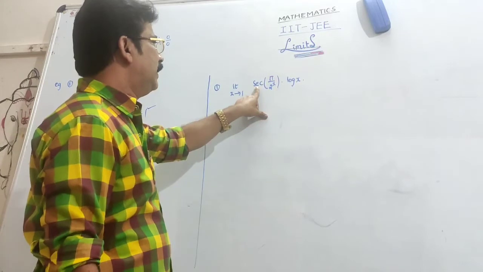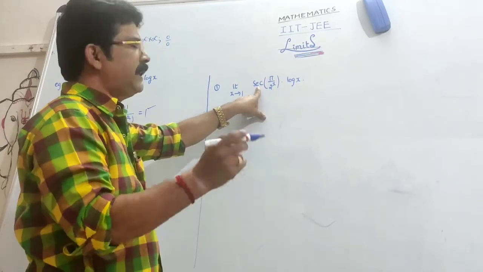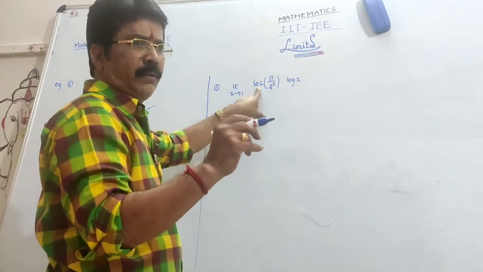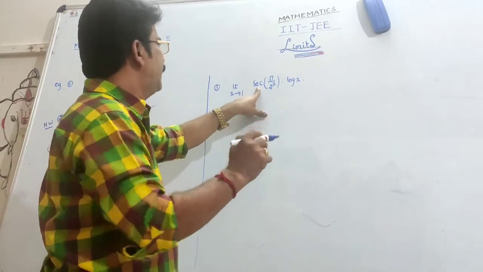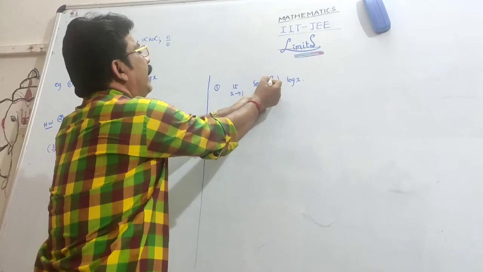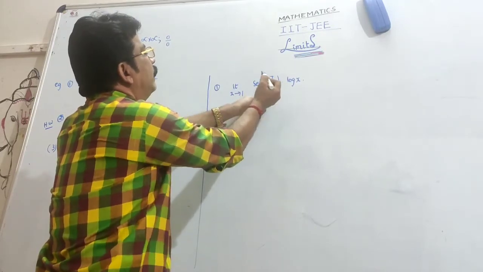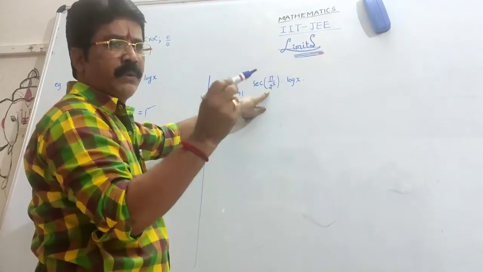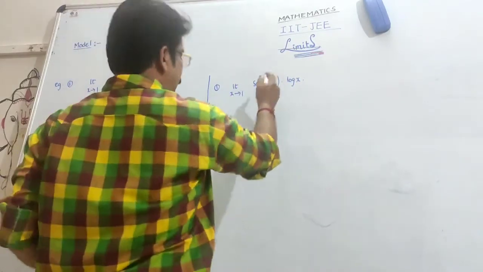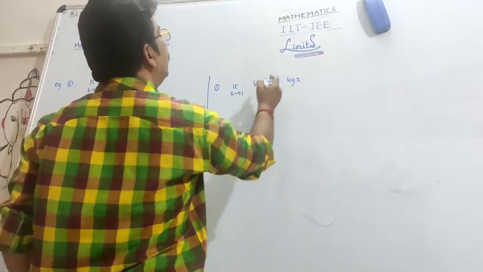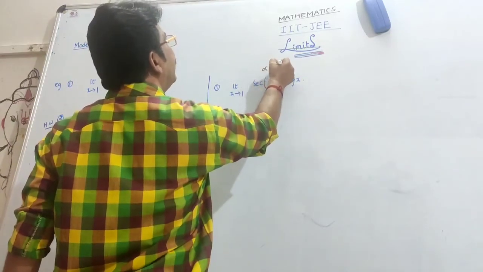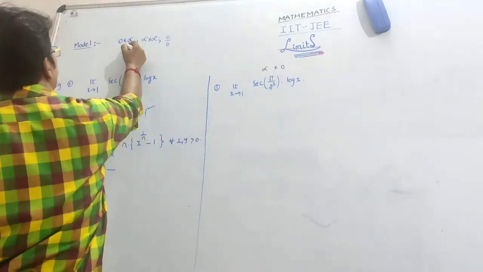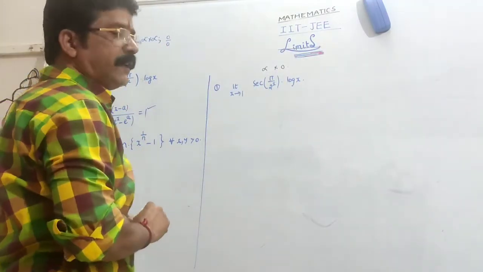Cos 90 is equal to 0, so 1 by cos is 1 by 0, which is infinity. At x equal to 1, pi by 2 power 1 is pi by 2, cos pi by 2 is 0, so secant pi by 2 is 1 by 0, which is infinity. This is infinity into log 1, which is 0.